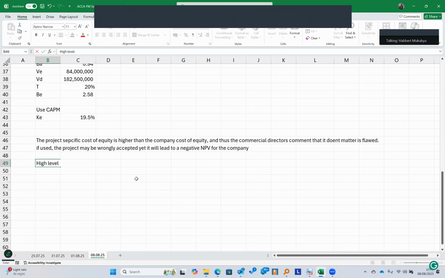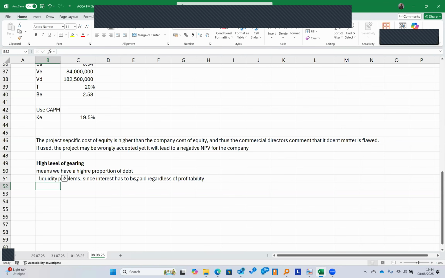So high level of gearing means we have a higher proportion of debt. And what does that mean? Liquidity problems, since interest has to be paid regardless of profitability.